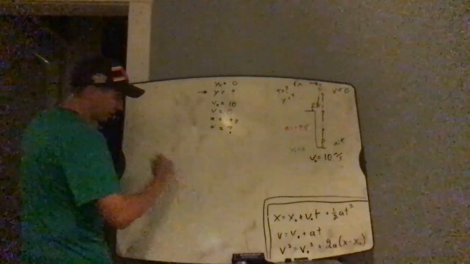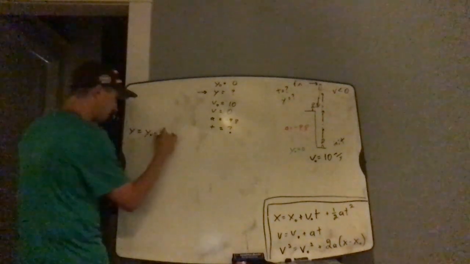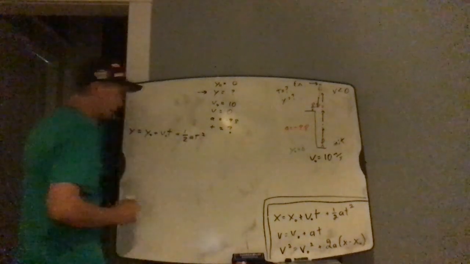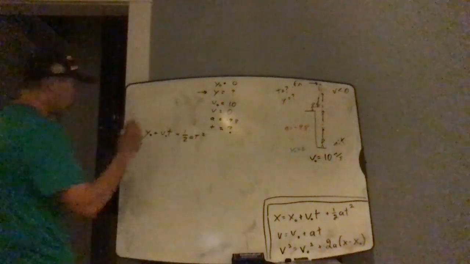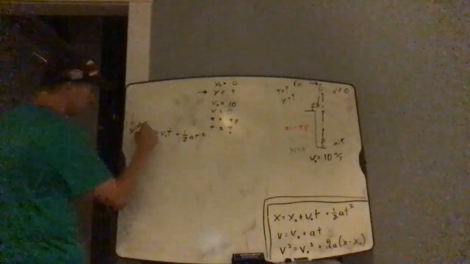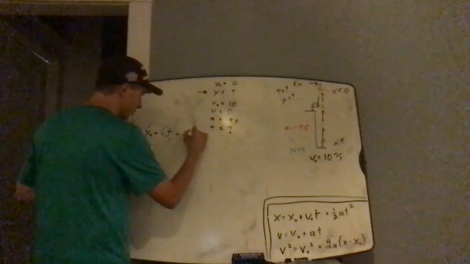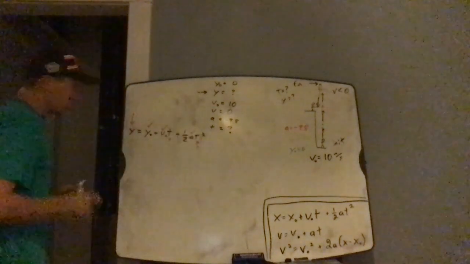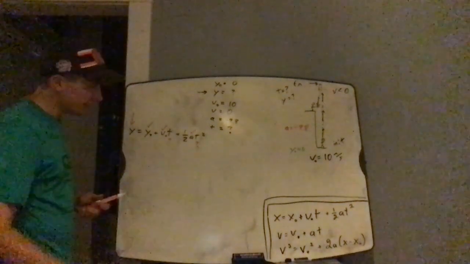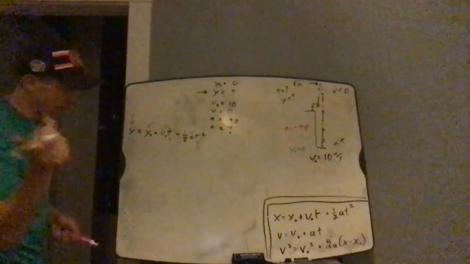So I could write out the first equation: y is equal to y initial plus v naught t plus 1/2 at squared. This is really what we want to find, so we definitely need that. I know that, I do not know this, I know that, again, I don't know that. So I would need some equation to give me time, and then I would be able to plug in time and solve for maximum height.